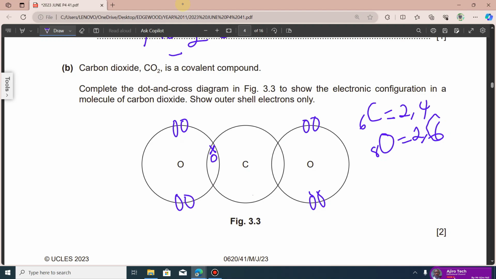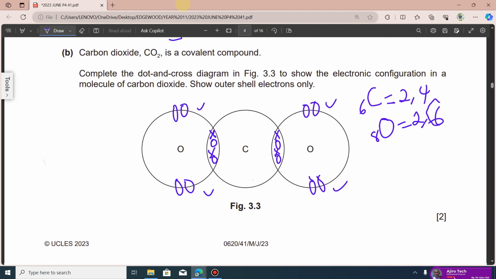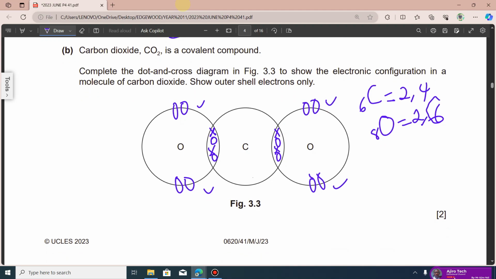Then the carbon contributes the second one, and the oxygen brings in the other. The same happens on the other side. This is how the covalent bond occurs in carbon dioxide. There is a mark for indicating this, and a mark for the bonded electrons at the intersection. Please take note of this.